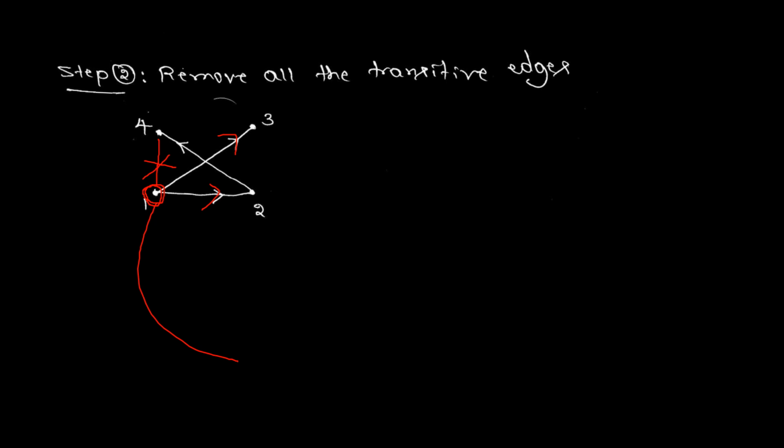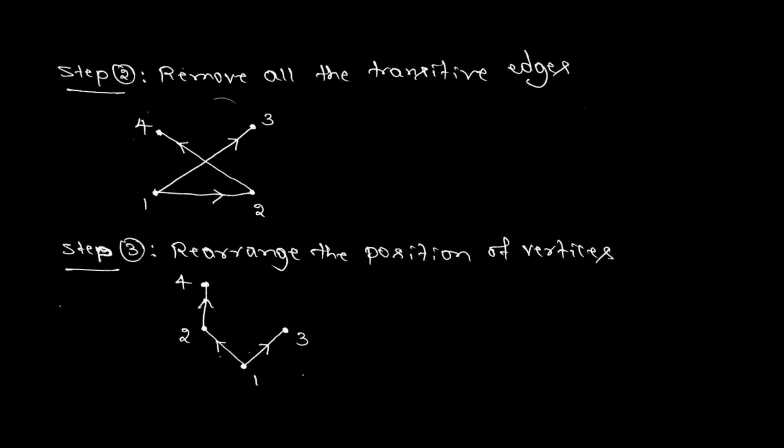The next level will be the vertices which are adjacent to 1. Then the next level will be the 4 which is adjacent to 2. Let us write down this. Yeah, as I said, we have taken 1 in the lowest position. The vertices which are adjacent to 1 to the next level, then the vertex 4 to the next level. So we are done with this.